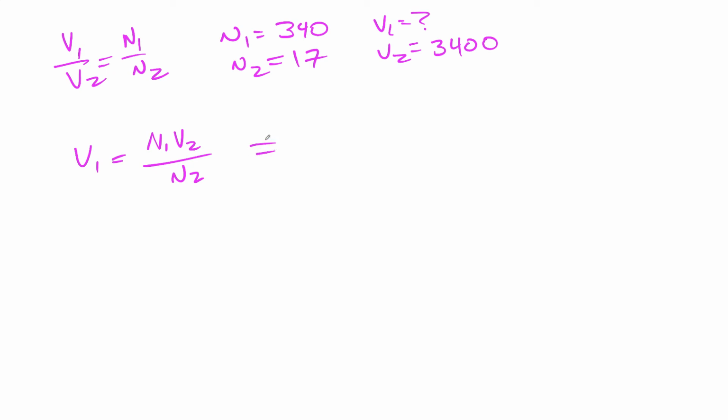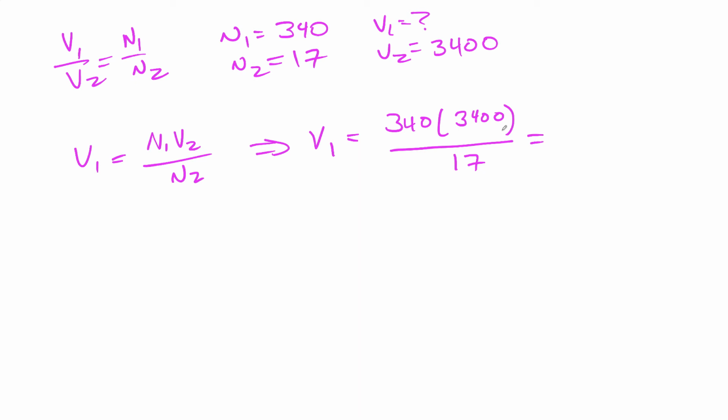And so now we're going to put numbers in. N1 is 340. V2 is 3,400. N2 was 17. So let's go ahead and do the simple calculation. You guys should be able to do the arithmetic. 340 times 3,400.